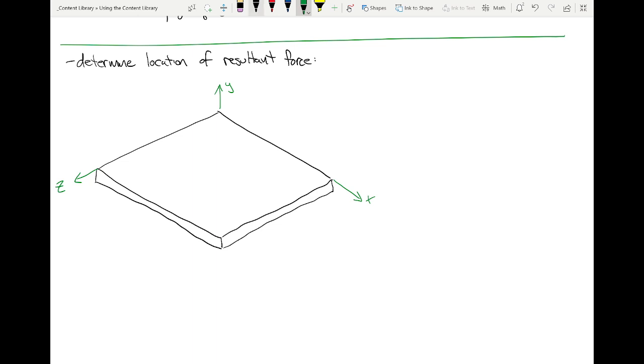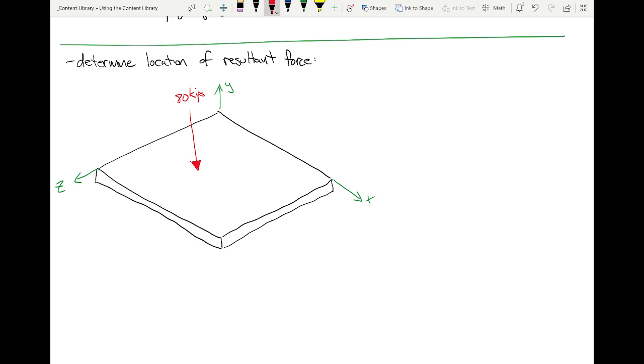Now, the original slab had 4 loads on it. What I want to do is replace that with just a single load. So I propose that single load would be, I don't know, maybe right here. In order for that to have static equivalency, that load must have a magnitude of 80 kips. But the idea is to figure out where to place it.